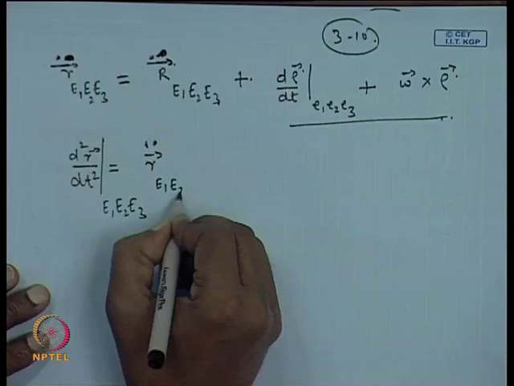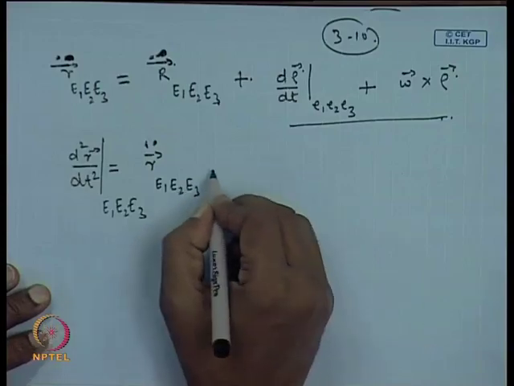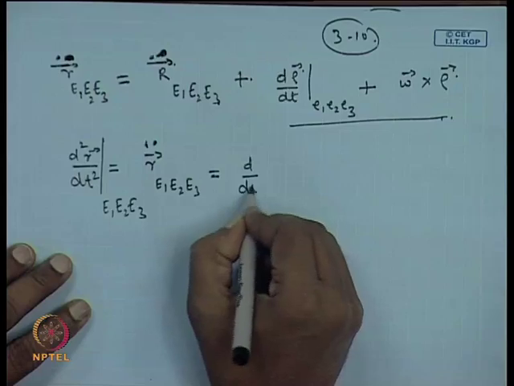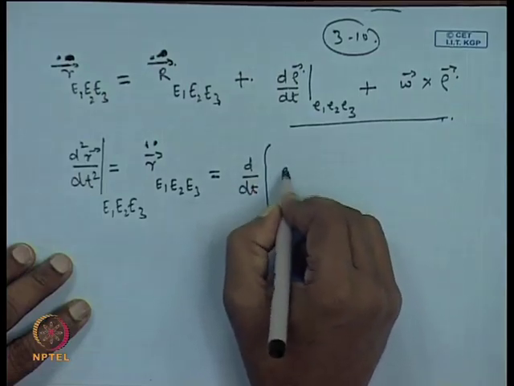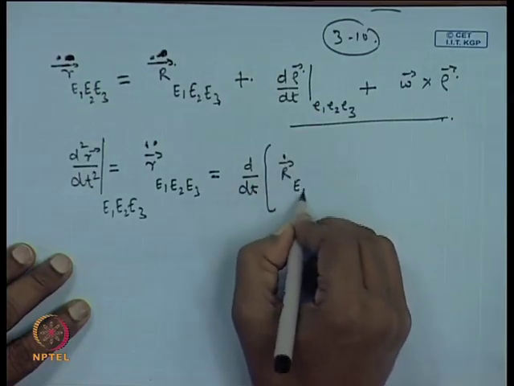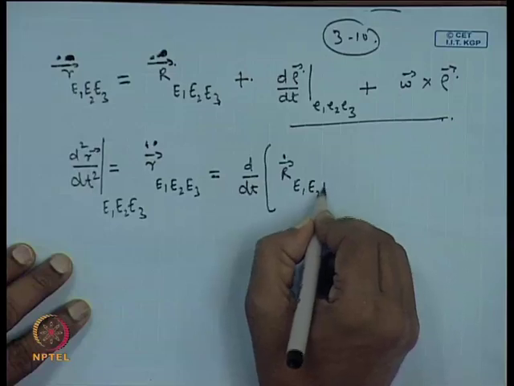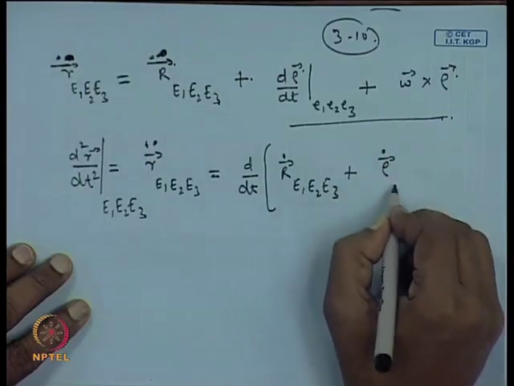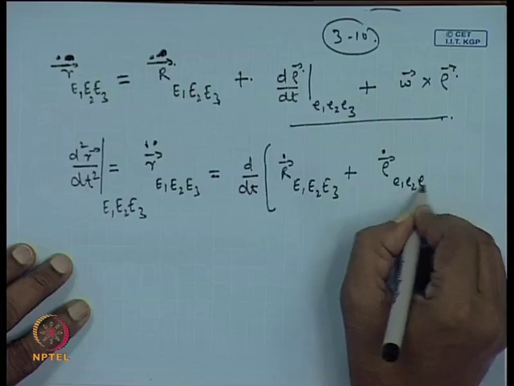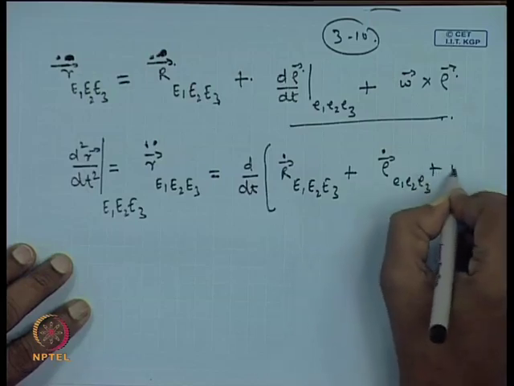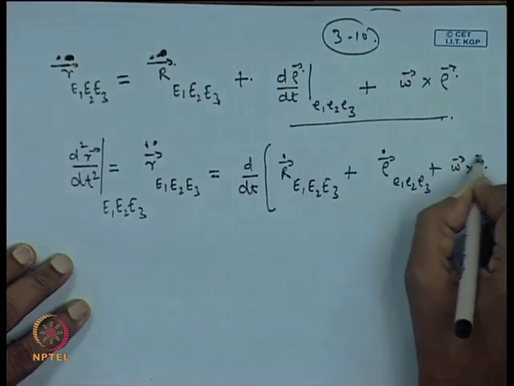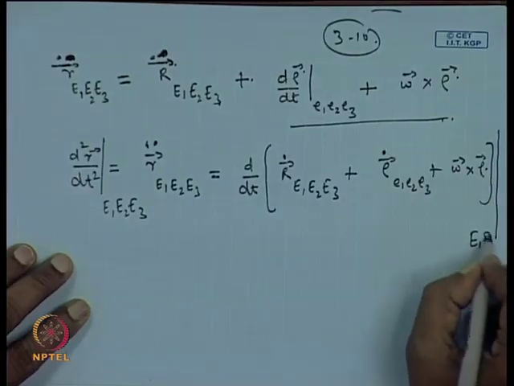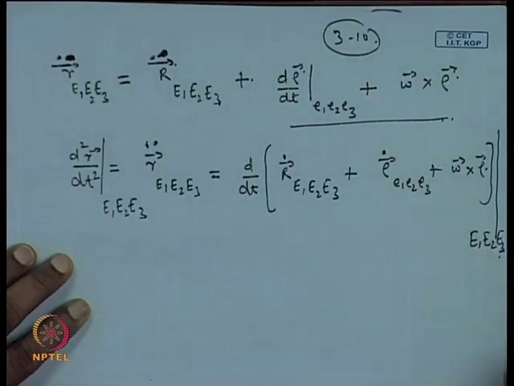So, naturally we need to differentiate this quantity here: r dot with respect to E1, E2, E3 plus rho dot with respect to E1, E2, E3 plus omega cross rho, and we have to do this with respect to the E1, E2, E3 reference frame.